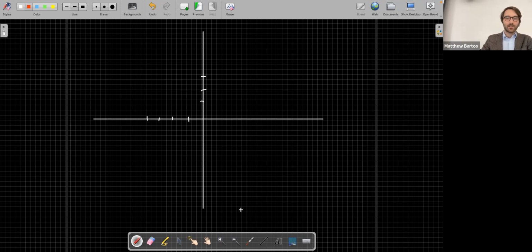Okay, so we have a vector at -4, 3. So this side length here is -4. This side length here is 3. Let's take these different norms and see what they look like.